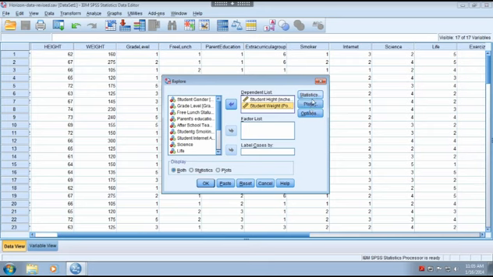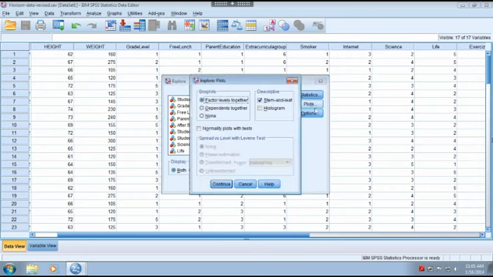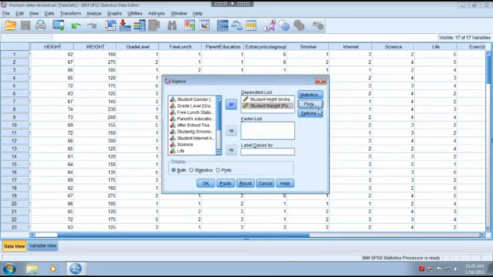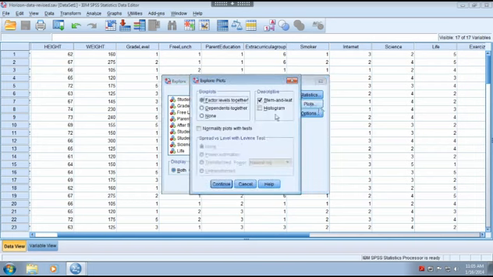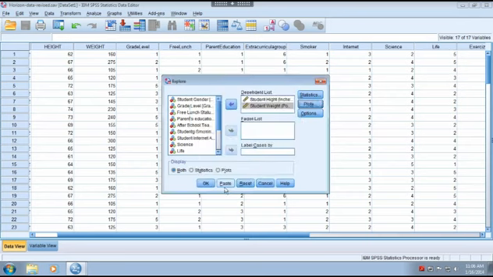So it gives you the statistics, and I also wanted to look at the normal data distribution with plots. So that's where I click on Plots here, and I'm going to do a histogram to indicate the normal data distribution, and I unchecked stem and leaf because I do not think I will need it. Then I hit Continue, and then OK.